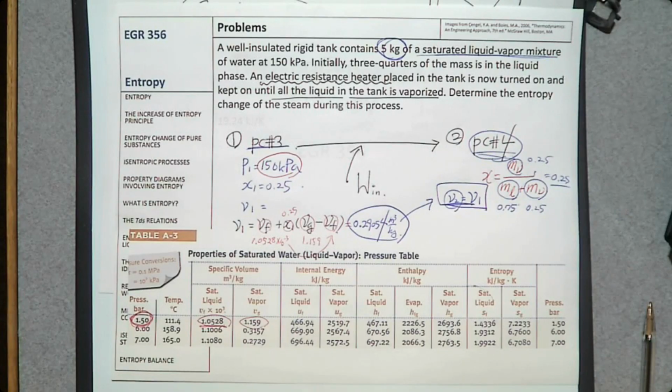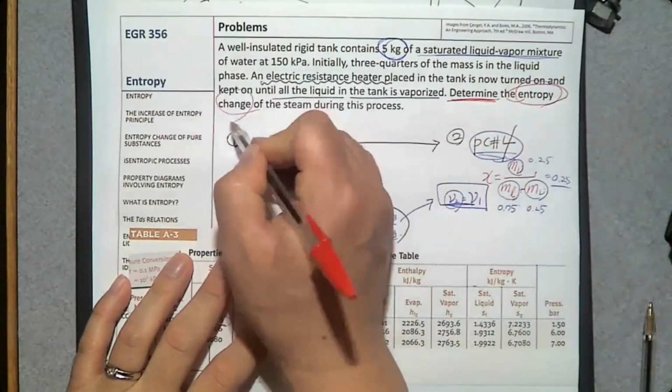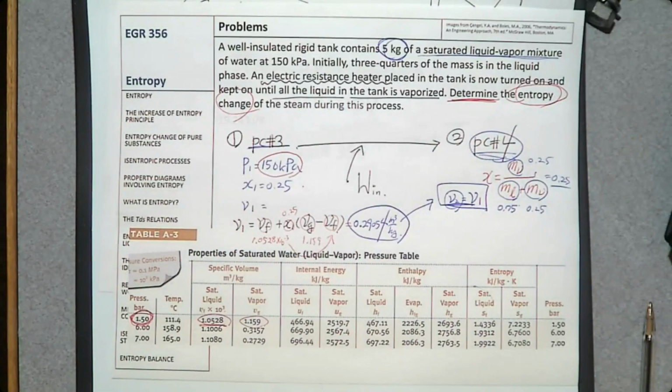Okay, so I guess we are ready, since we have all the necessary information at number 1 and number 2. So let's solve this problem. What do we want to determine? Determine the entropy change. How do you determine entropy change? You can calculate entropy change by final entropy minus initial entropy, right?